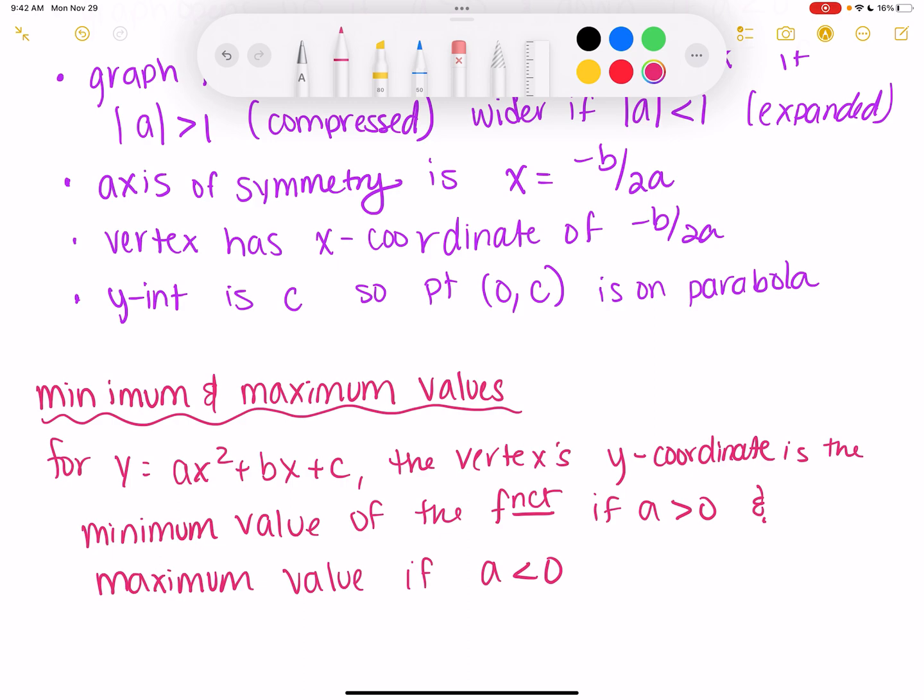Whatever your vertex is always going to be either your maximum or your minimum value, but the a is going to tell you which, because it's going to either open up or down.